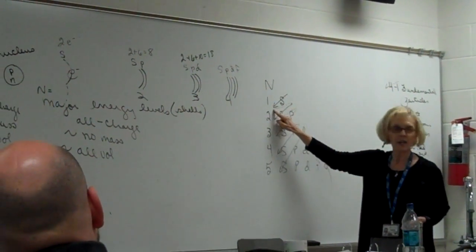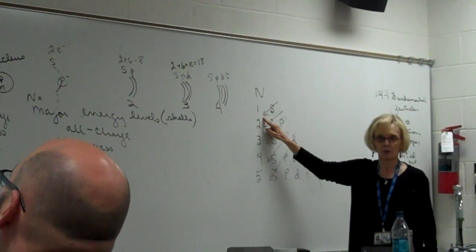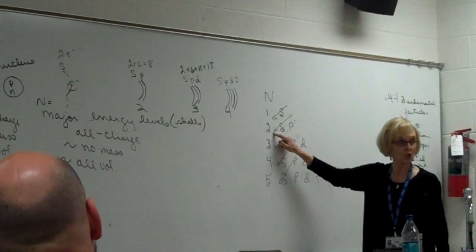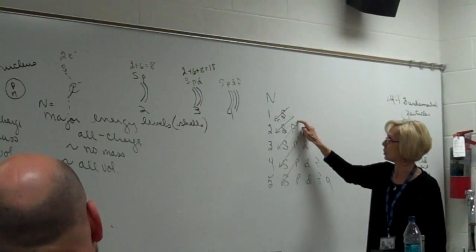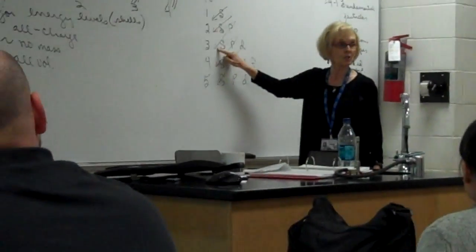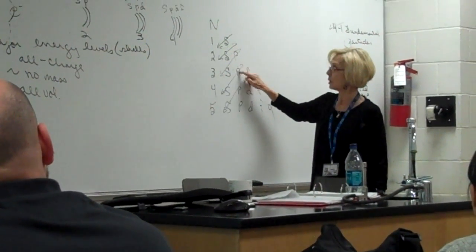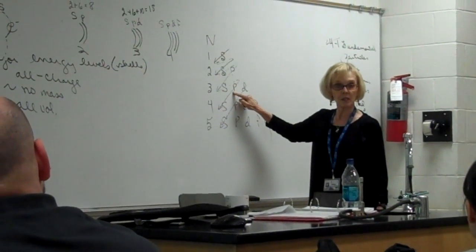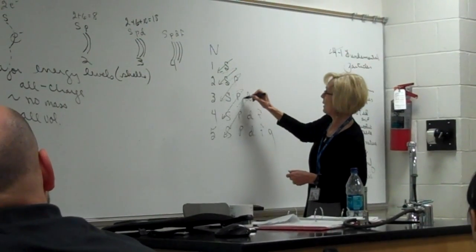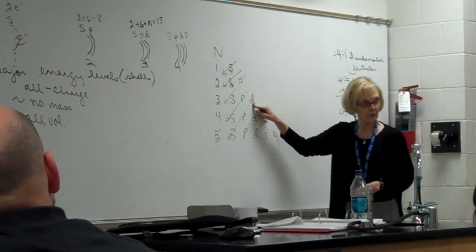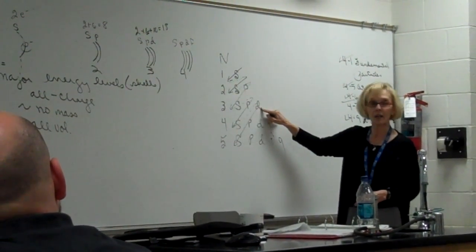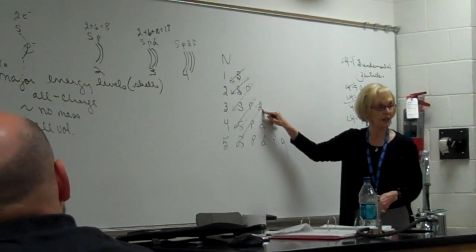I would go 1s, put 2 in it. 1s2. 2s2. 2p6. 3s2. 3p6. 4s2. And we get out of numerical order for the first time ever. I fill up the 3p, I go to the 4s, I come back, I fill up 3d10.